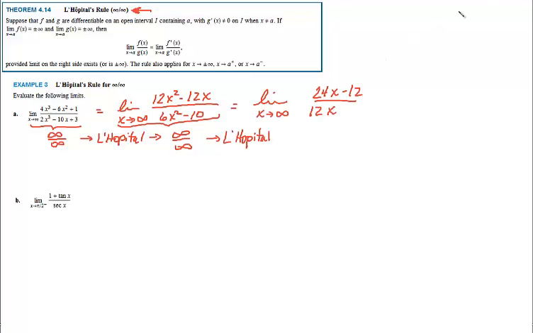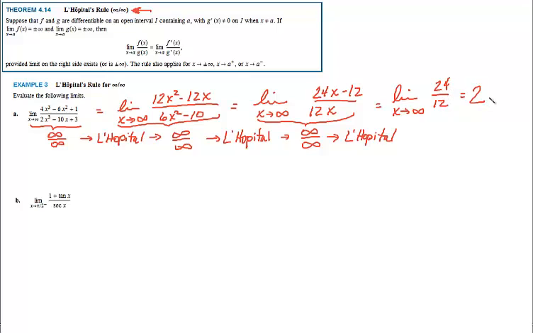Putting in infinity here, I get another infinity over infinity case, which means I can once again apply L'Hopital's rule. And I have taken those derivatives, and now I have that this is a constant, and the limit is then 2.